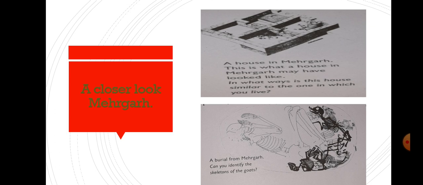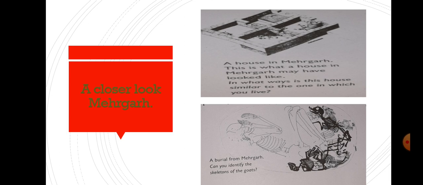These are the two images. The first image is a house in Mehrgarh. This is what a house in Mehrgarh may have looked like. These types of houses were usually built at Mehrgarh, and these are the remains that have been found by the archaeologists while excavating the ground.